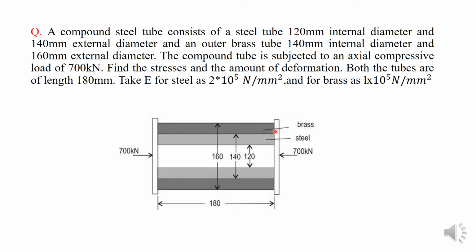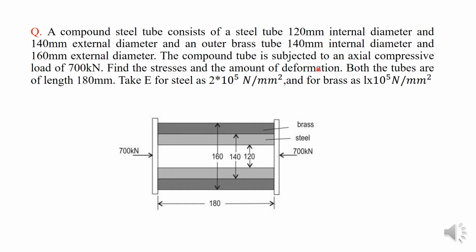That means the hollow steel tube is inserted in the brass tube. So we have to calculate the area by using the equation pi by 4 into capital D square minus small d square. Now it is acted upon by a load of 700 kilonewton.